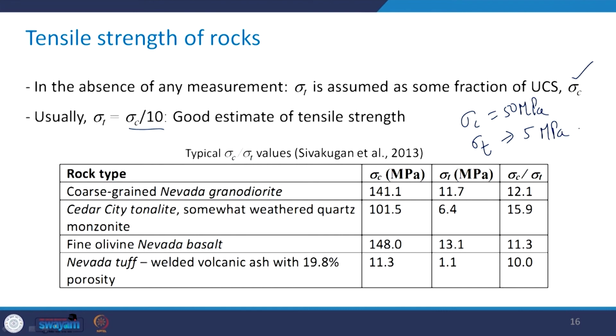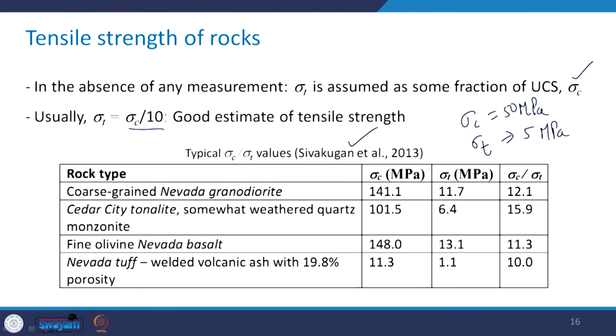Now, some of the literature shows typical sigma c upon sigma t values for different rock types. Here, again, this has been taken from this reference. So, the coarse grained Nevada granodiorite. We have discussed what kind of rock granodiorite is and what its mineral composition is. Nevada is a place. So, for sigma c upon sigma t, you can see it is of the order of, say, 12.1.